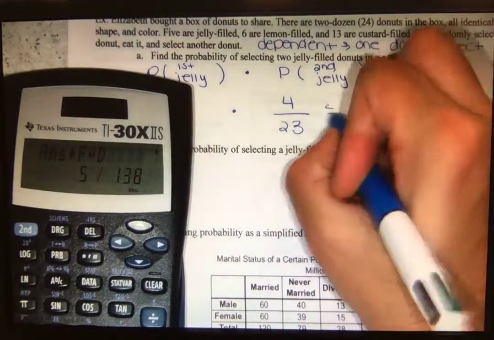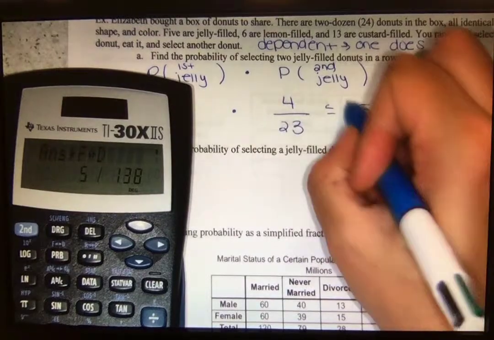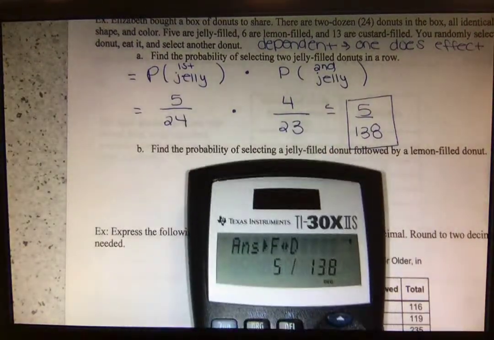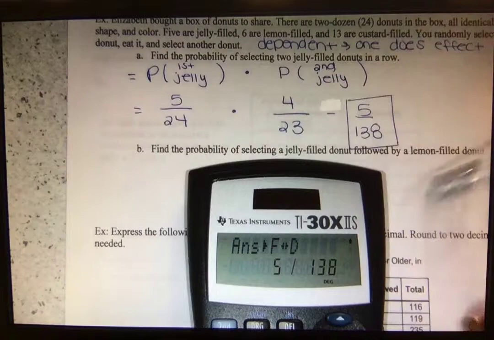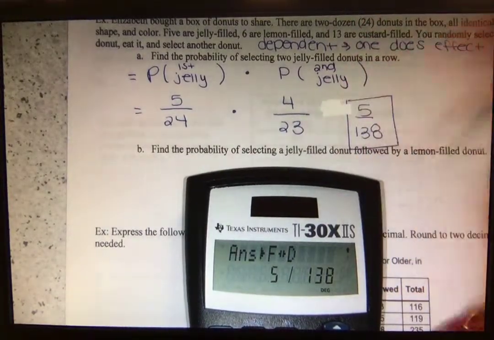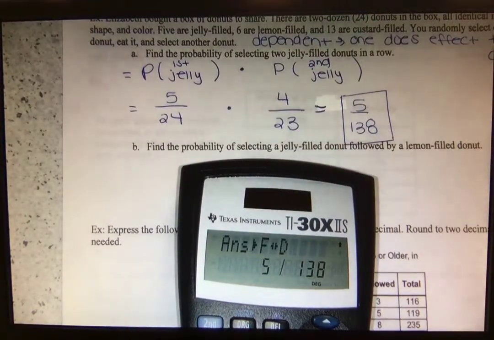We get 5 out of 138 as our final answer. 5 out of 138.